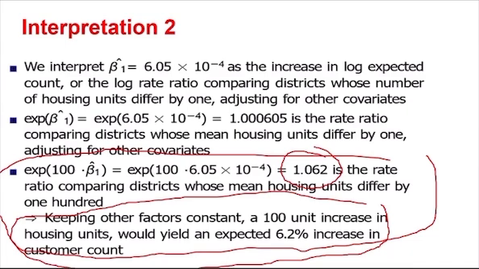And what is the difference? 6.2%, because it is over 100 by that margin. So we're going to say, keeping other factors constant, a 100 unit increase in housing will yield an expected 6.2% increase in expected counts. Do you see the way I actually interpret that?